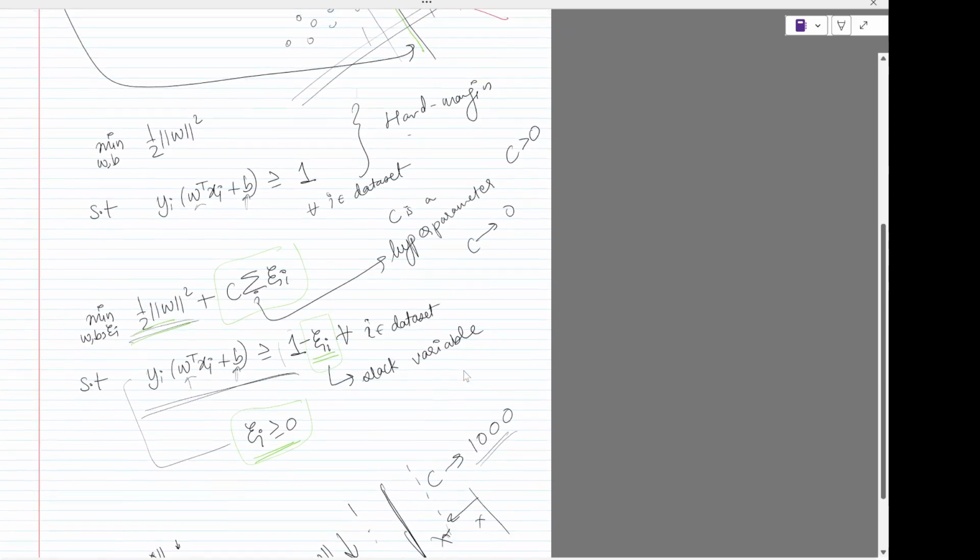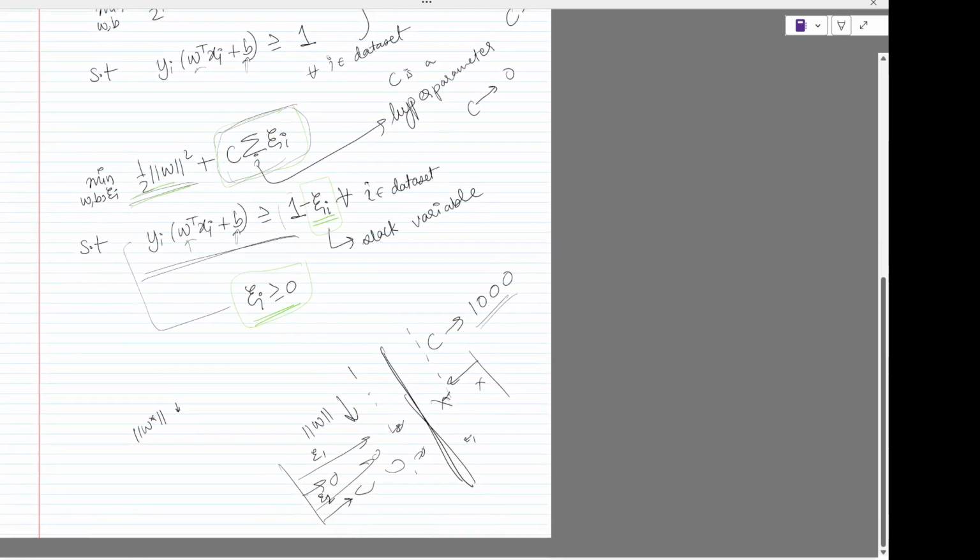Yeah, so you can say these psi values are like error terms. The psi is actually max of 0 comma 1 minus yi times (w transpose xi plus b).